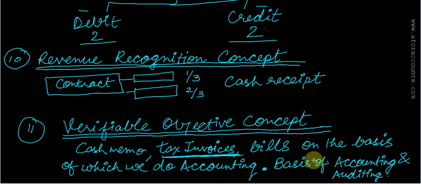So verifiable objective concept is the last concept. Just go through these concepts whenever you have time so that you will understand it better. I have tried to explain it with lot of examples so that whenever you get a small practical question based on it, you can get the answer correct.